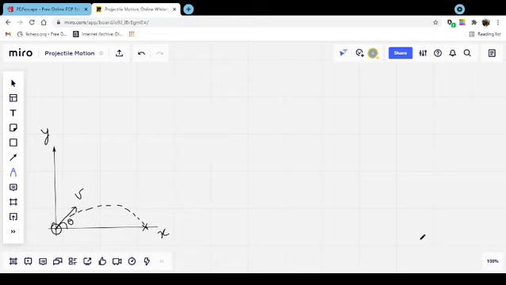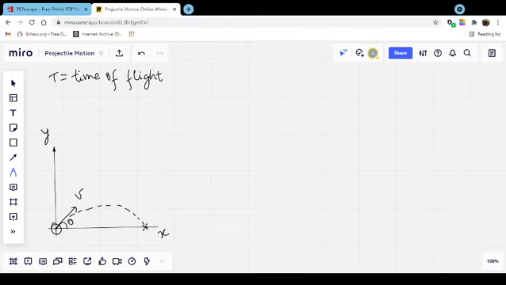Mainly there are three things which are asked in questions. The first thing is T, which is called the time of flight. As you can guess from the name, this is the time taken by the particle to complete its whole journey.